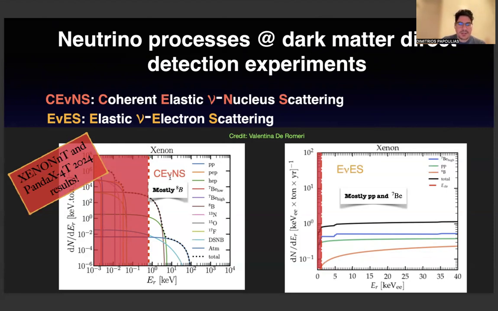For example, in the case of CEvNS, thanks to the kinematics of the process and the heavy nuclear mass, only the boron-8 neutrinos will leave a detectable signal given the current detection capabilities of the direct dark matter detection experiments, while for the case of neutrino-electron scattering, mostly the pp and the beryllium-7 monochromatic neutrinos are important.